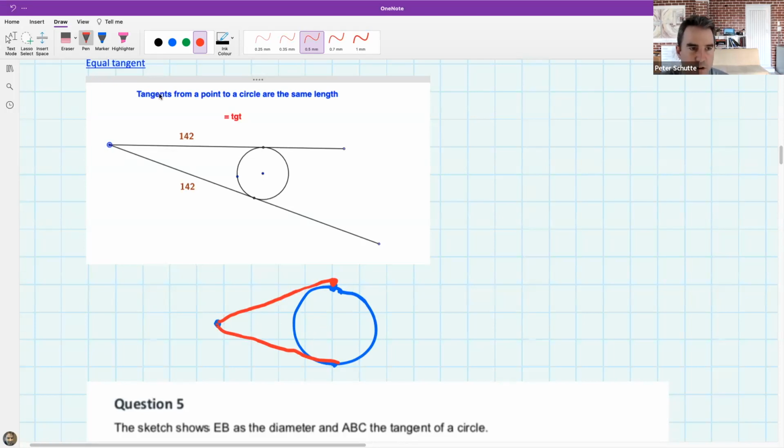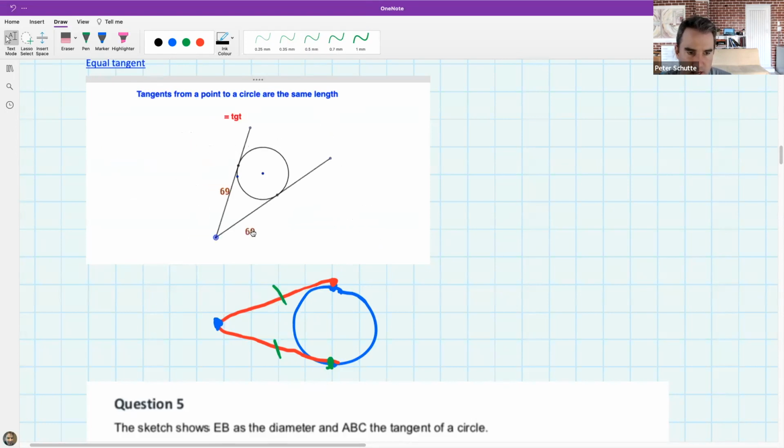Okay, so a tangent from a common point is going to be equal in length, is basically what this is saying. I know I haven't drawn my drawing perfectly, but basically we have some more whiskers. So in this situation, look at how the distance between the common point and the point of tangency is always 142. But if I move it nice and close, even though the distance is different, the two lines are still an equal distance from the point of tangency.